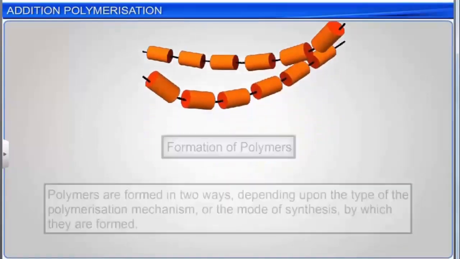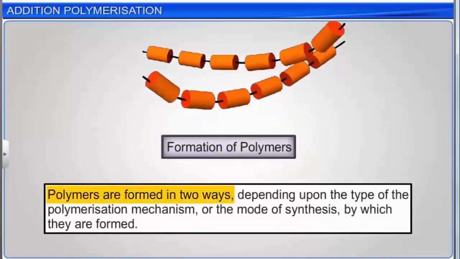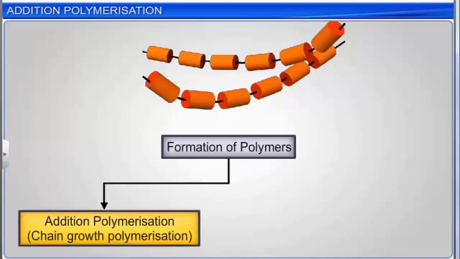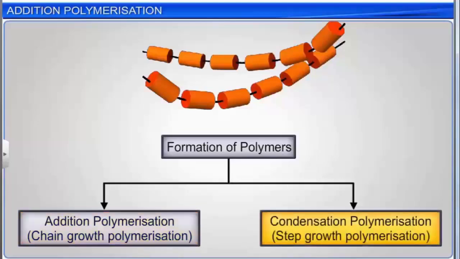In general, polymers are formed in two ways, depending upon the type of the polymerization mechanism or the mode of synthesis by which they are formed. These are addition polymerization or chain growth polymerization, and condensation polymerization or step growth polymerization.